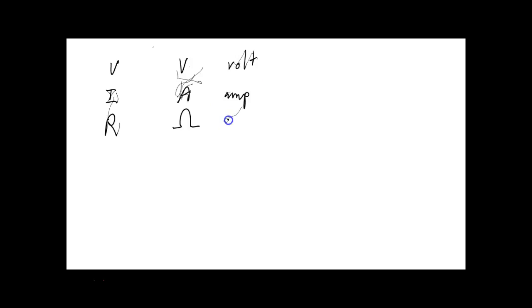And this represents an ohm, which is the symbol for resistance. So what unit do you think they use for conductance? Since conductance is the reciprocal of resistance, what unit do they use? You probably didn't have this in your physics class, but it is true. It really is true. What unit would they use for conductance?